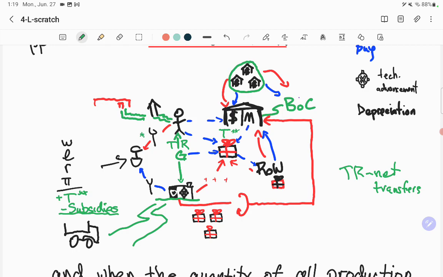So, individual earning, corporate earning, add them. Then add taxes, subtract subsidies, and the last thing, the D right there for depreciation.